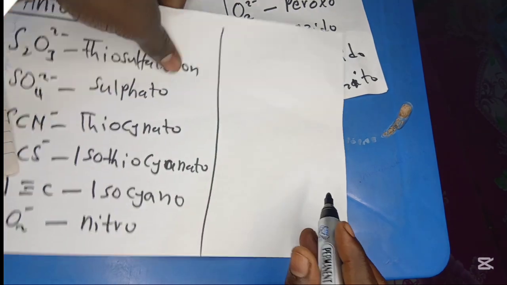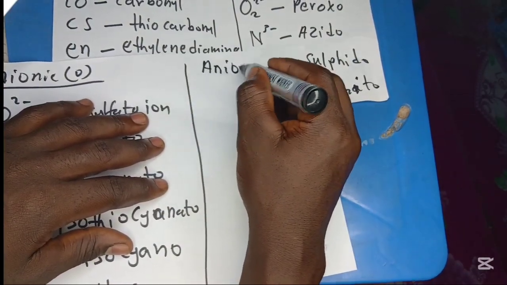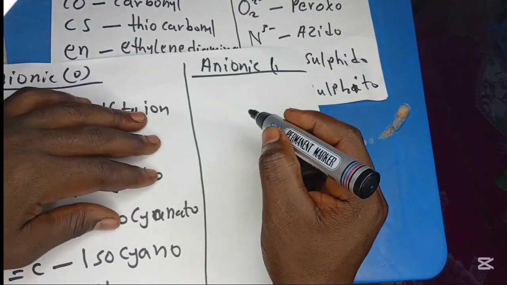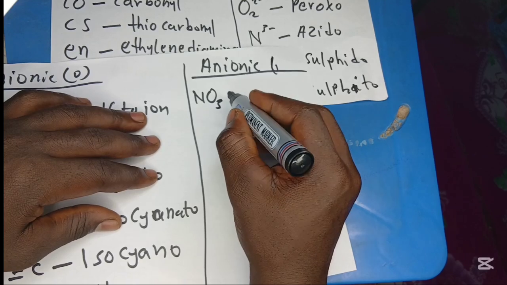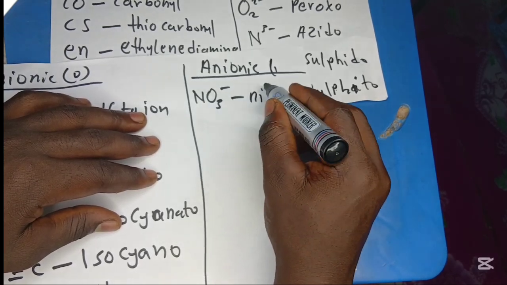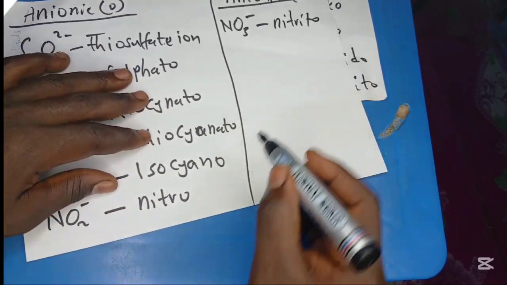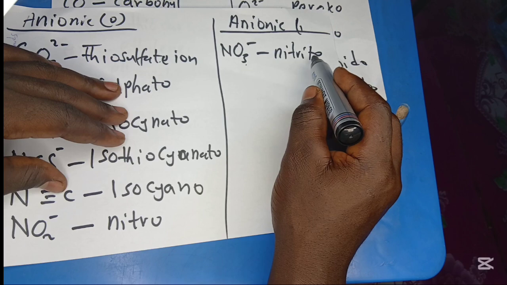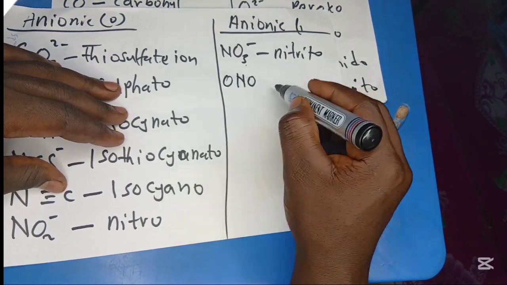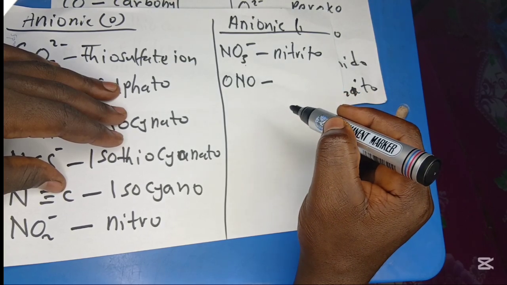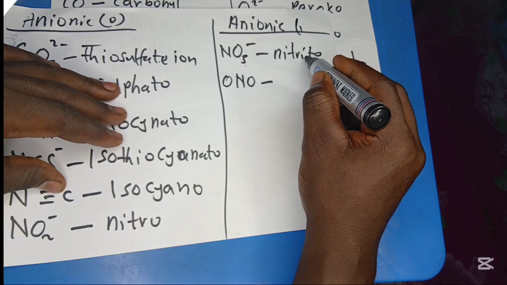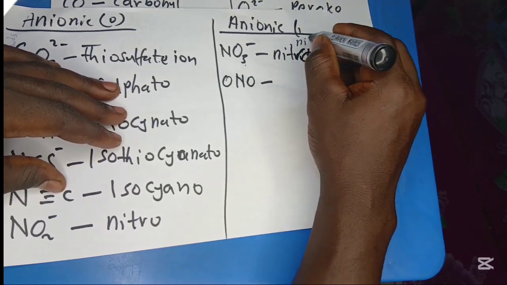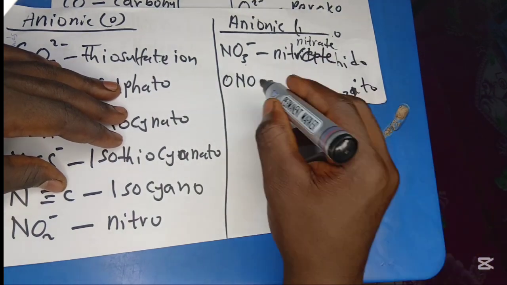We are still with the anionic ligands. So what if we have ONO-? It's actually called nitrito. Like you see here, you have NO2- called nitro, and ONO- called nitrito. Sorry, NO3- is actually nitrate, and this is nitrito.